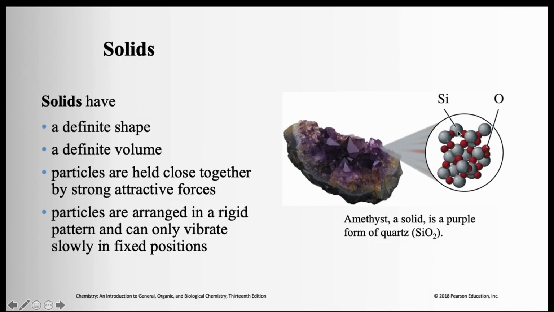Therefore, it can only vibrate a little bit about that position. This is true for all of these atoms, and therefore the solid is very dense. In general, solids have high densities, and they are crystalline in form because these particles are very close together and arranged in a particular pattern to form a crystal.